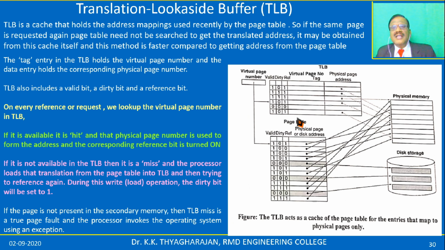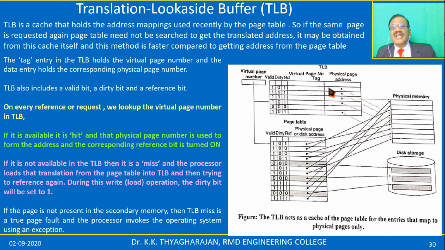This is the translation look-aside buffer. This is acting as a cache for this page table. If a reference is made to get the translated address, first we will search in the TLB. If it is available in this TLB, then it is a hit.